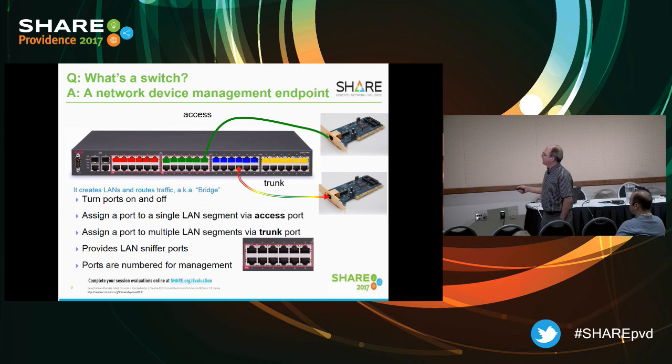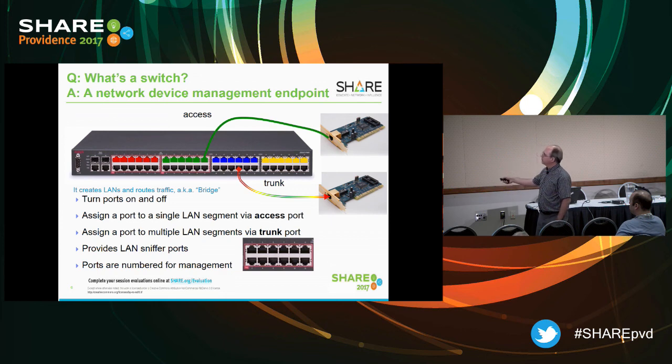And even if I'm sending traffic where some of my traffic is red, some is yellow, this single port can look like it has 4 ports in it, okay, virtually. It can send some that are red, some that are yellow, some that are green, some that are blue. That's still a bridging function.